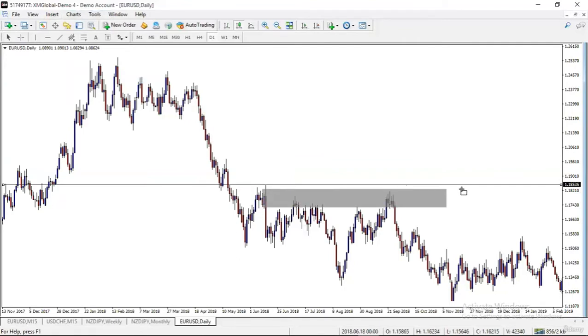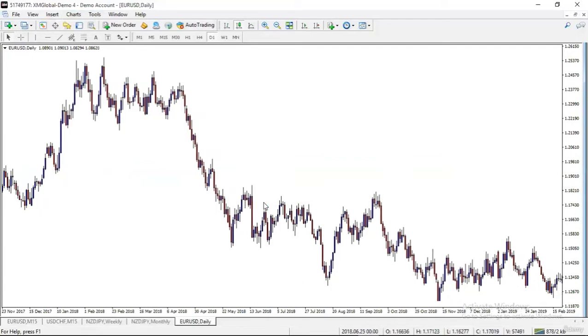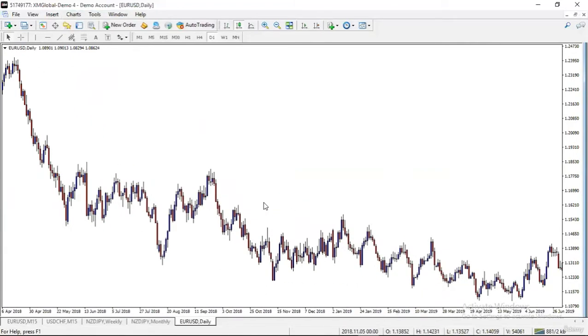But if you draw like this, it's more like your supply and demand zones, supply and demand areas. But this is just supposed resistance areas. Some do use supply and demand like this, but it's just different views.